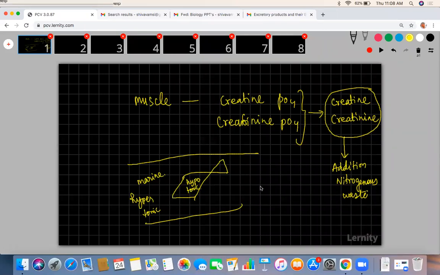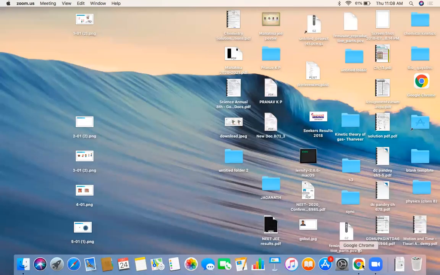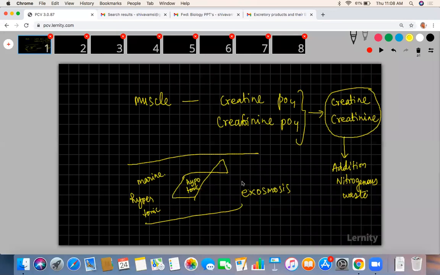Exosmosis will happen. What is exosmosis? The water will try to come out. So if this has to be prevented, the fish will try to store something which will make it isotonic.